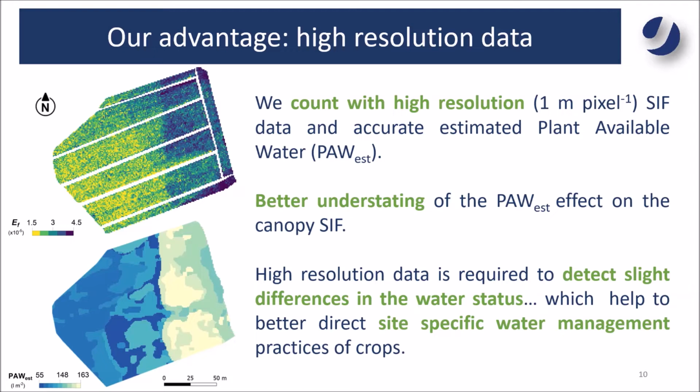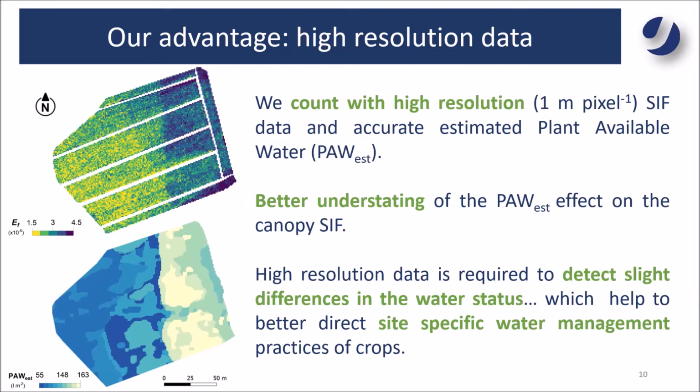And we think that having this kind of high resolution, we can detect slight differences in the water status, not big differences when, for example, there is an established stress and the plants are already drying.